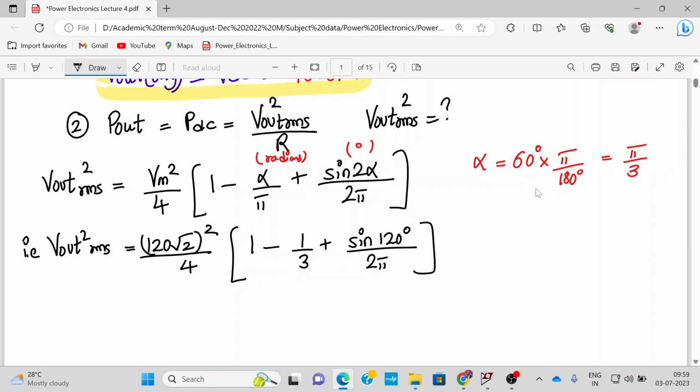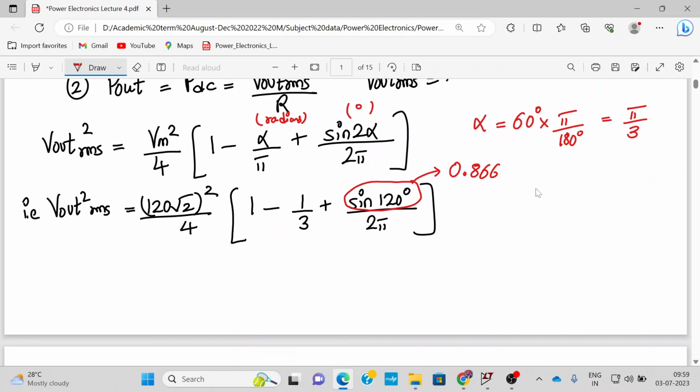Let's find the value of sine of 120 degree. Sine of 120 degree in the calculator is 0.866.